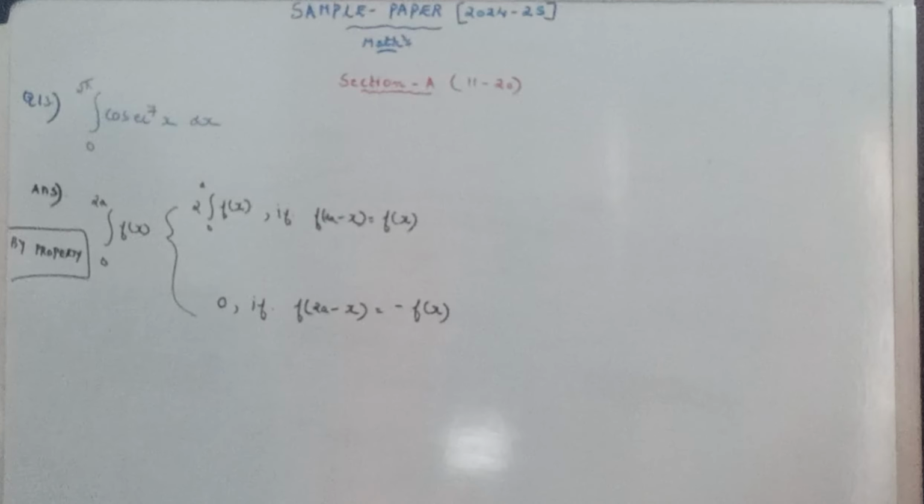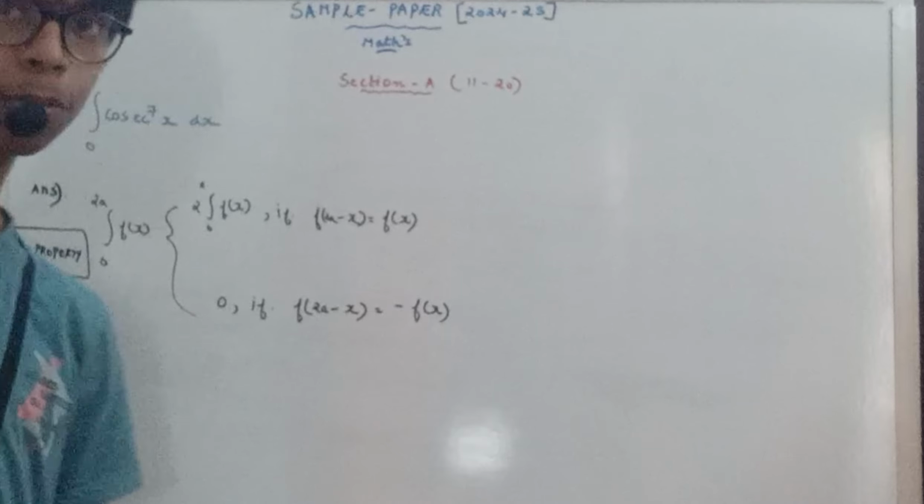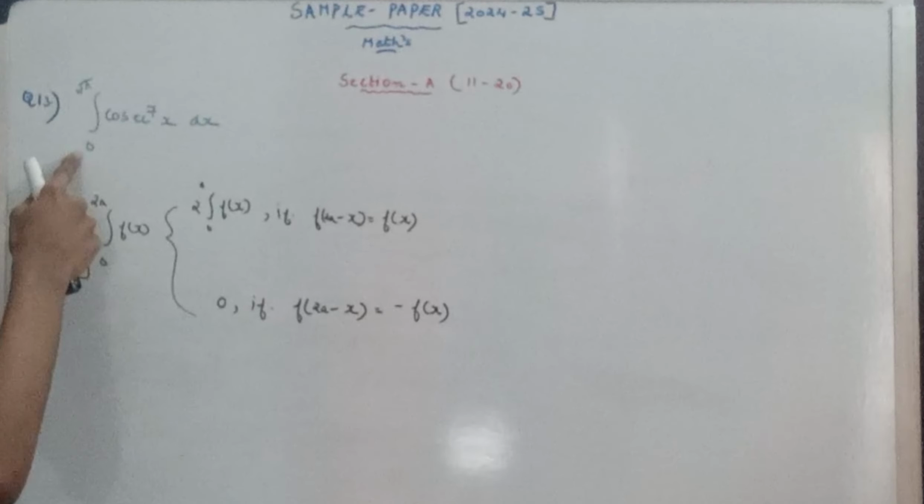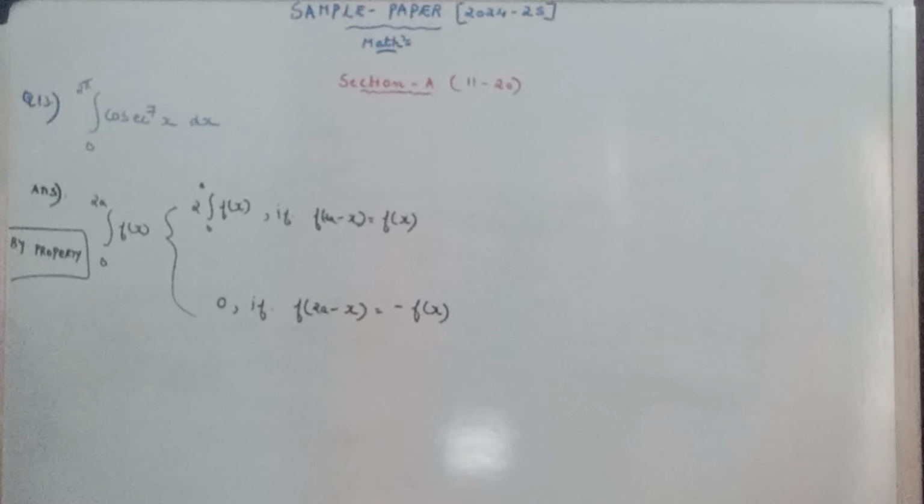Next question is integral of 0 to 2 pi cosec raised to 7x dx. Okay, now if you see this question, the first thing that should come to your mind is about the properties of integration. Okay, so this is a definite integration, and the limits are from 0 to 2 pi.